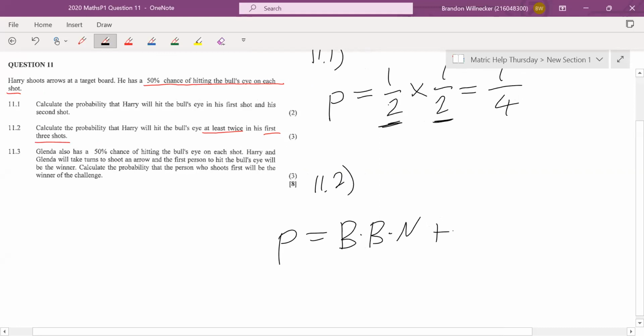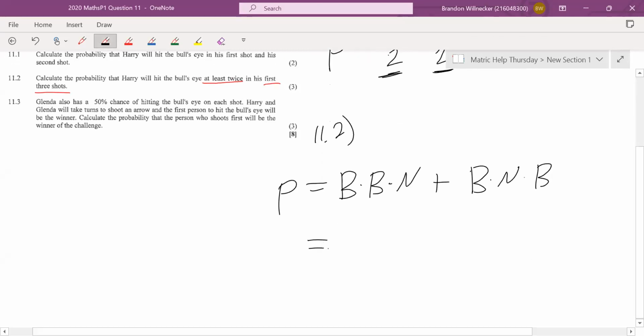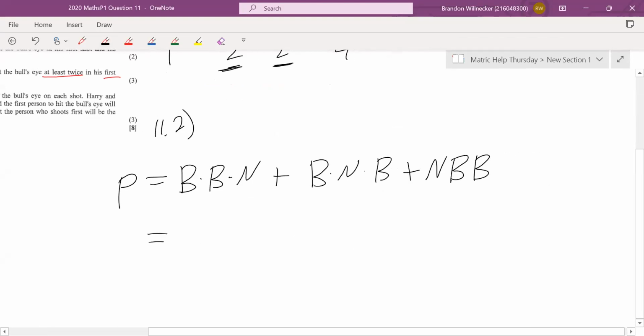Plus he can do bullseye, no, and bullseye. Okay, sorry about that. Let's continue. So this is equal to, we already know what the probabilities are. Oh, sorry, missing a few here. Plus, he doesn't make it on the first. He makes it on the second, makes it on the third.